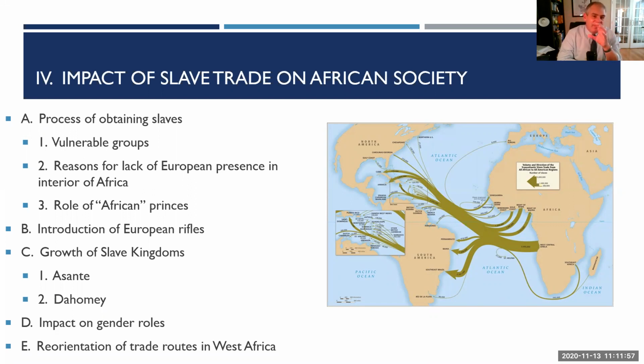What's going to happen is that you're going to have the male segment of the population being removed, not completely, but enough to make a difference. And what that means is that females, mothers, daughters, wives, when the men are being pulled out, are going to start assuming more of the roles of what the men used to do, taking care of farming, in some cases, political leadership. And what we see is a shift within gender roles throughout this region.